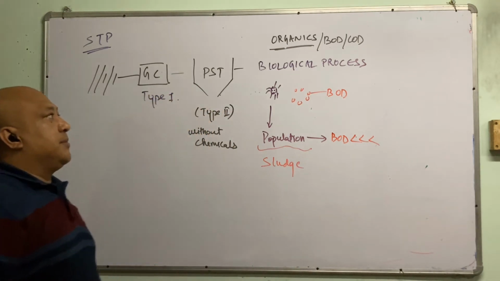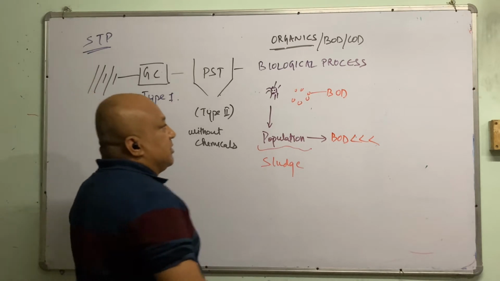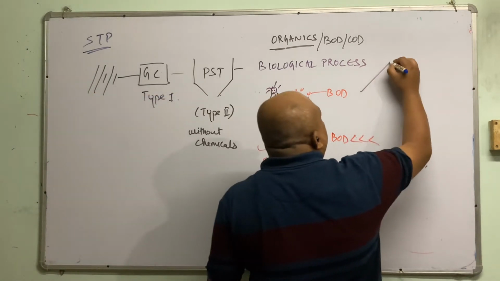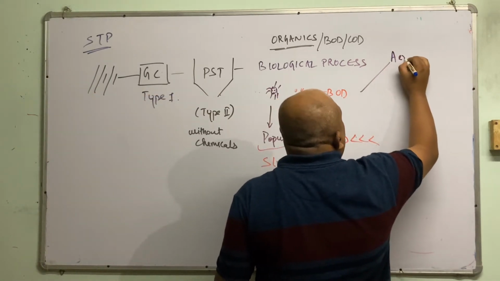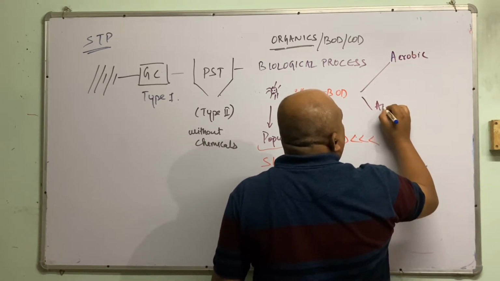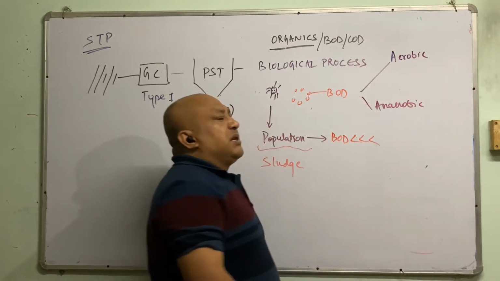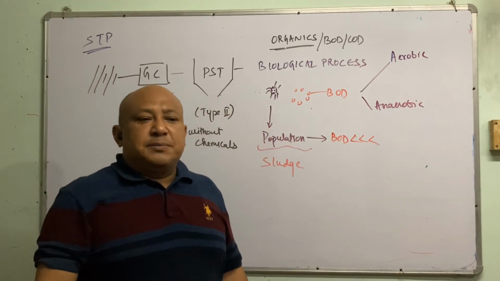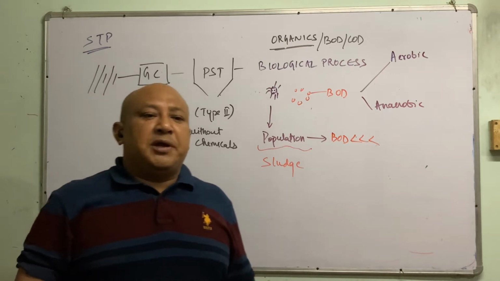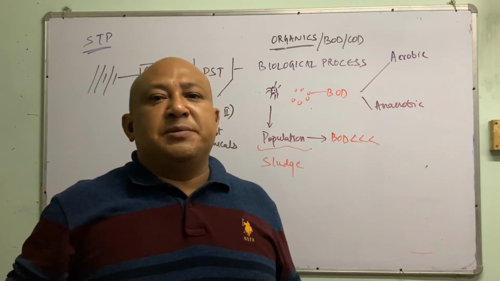This is the mechanism. Now this biological process we classify in terms of aerobic and anaerobic. The microbes can be classified in different ways in terms of reproduction, like sexually or asexually, or spore formation, budding.